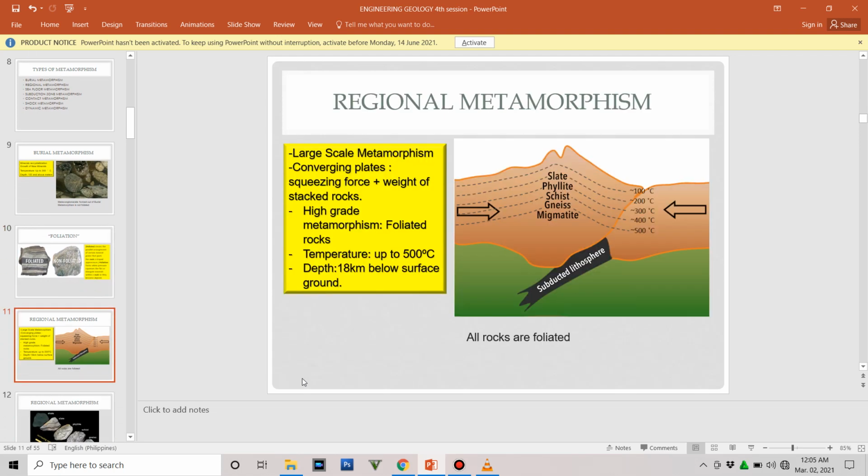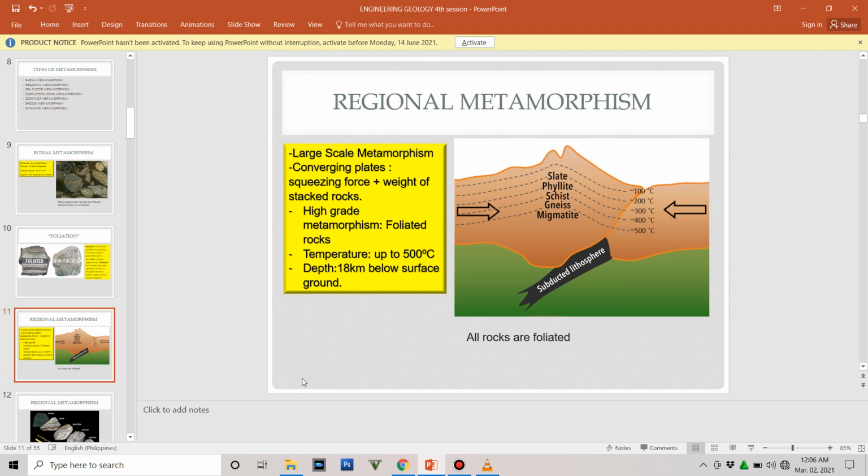So from burial metamorphism, we also have this one. There will be a lot of rocks that will be formed out of this large-scale metamorphism. Regional metamorphism is caused by converging plates that are colliding with each other.